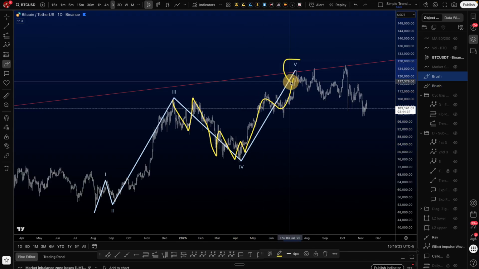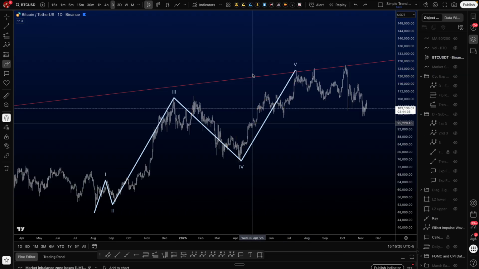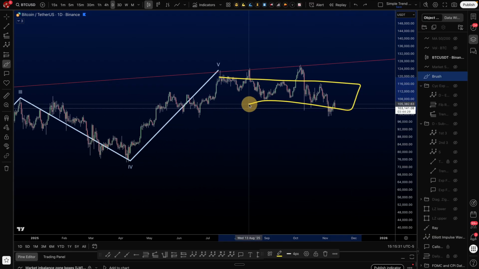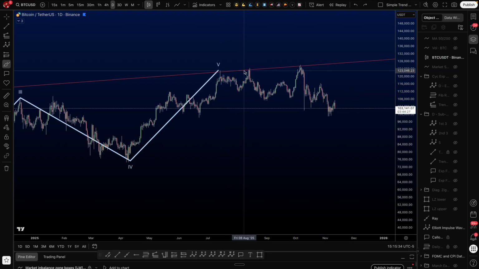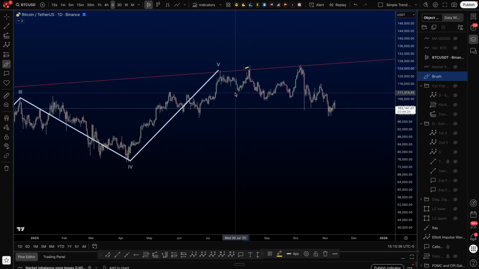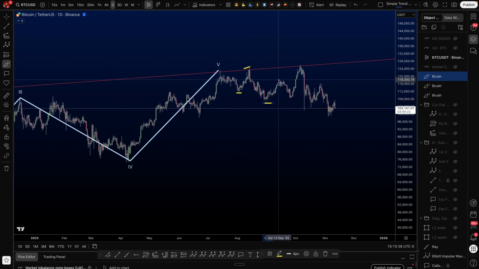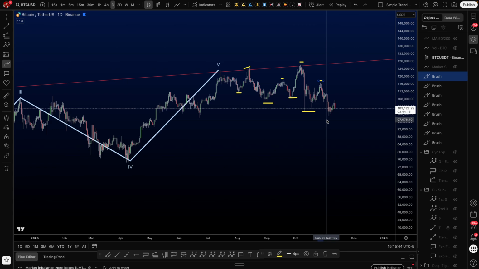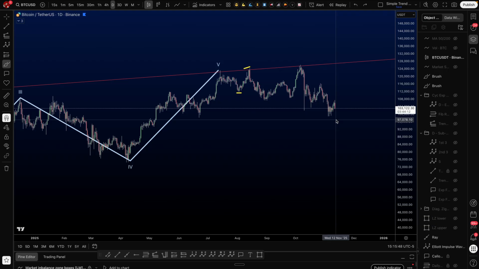So you kind of end up with the end of a fifth wave here, no matter what. So I just went with the simpler form. And this is an area I was really struggling with because of its varying heights and depths of waves that are not higher highs, not higher lows, they're kind of all over the place. But I've got some measurements that I think help reveal what I think I'm seeing.